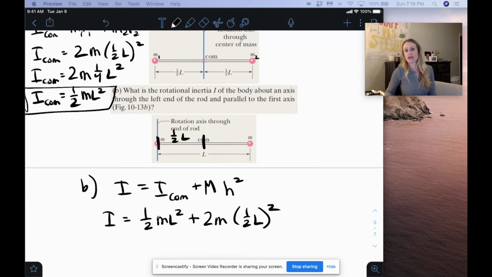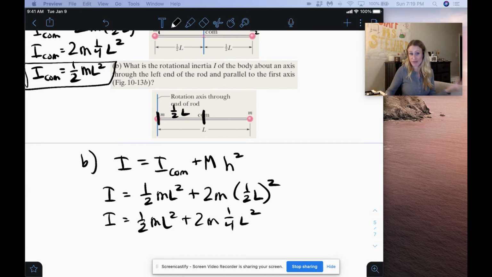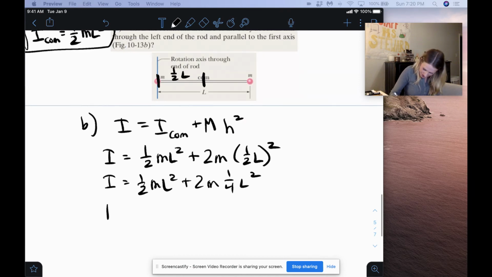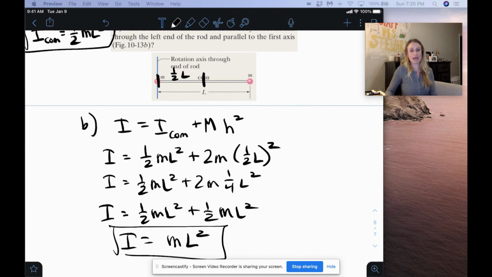So again, when I square that whole term 1/2 L, I have to square both the 1/2 and the L. So here I end up getting 2m times 1/4 L squared. Again, 2 times 1/4 is just 1/2. So I end up getting 1/2 ML squared plus 1/2 ML squared, which ends up being ML squared. Just 1 times ML squared.